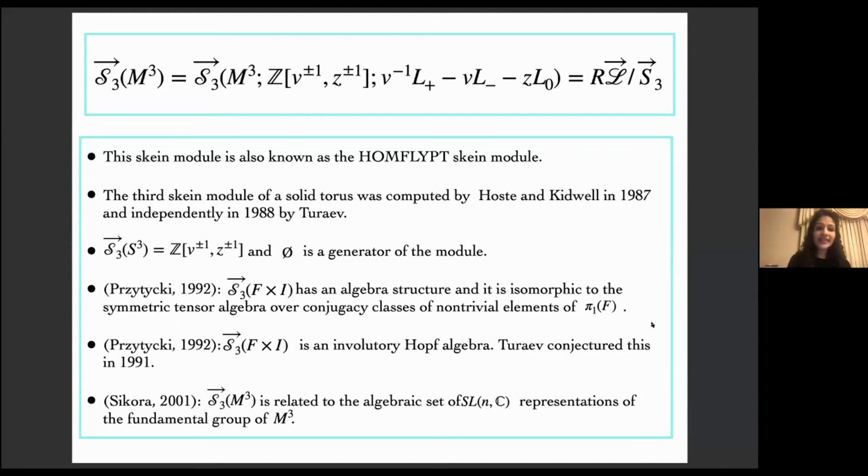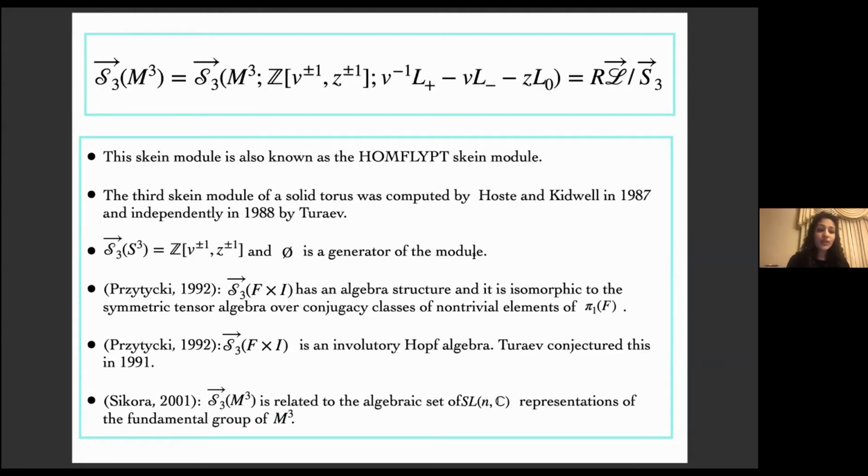The HOMFLY-PT Skein module of the solid torus was first computed by Jim Hoste and Mark Kidwell in 1987. And in fact, this is what led Przytycki to discover Skein modules. And this was independently done by Turaev in 1988. Some basic examples: the HOMFLY-PT Skein module of S3 is this ring, and the empty link is a generator of the module.